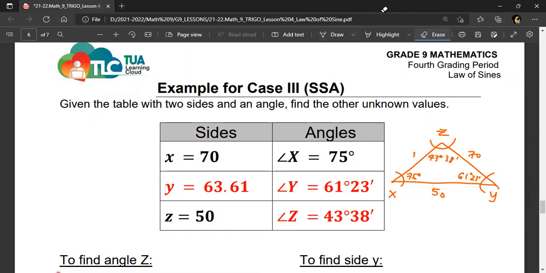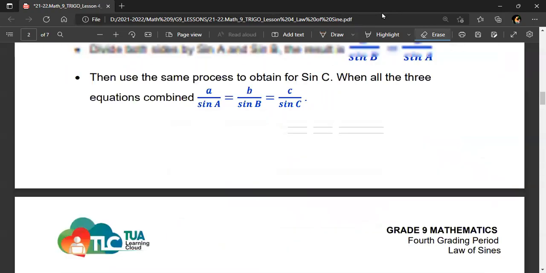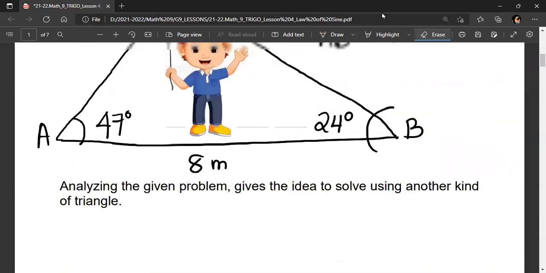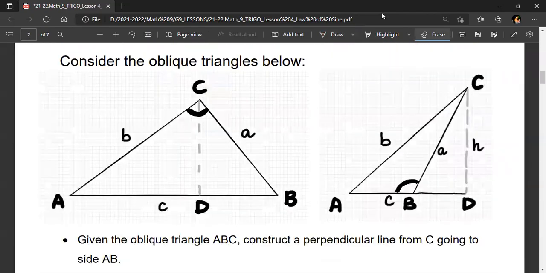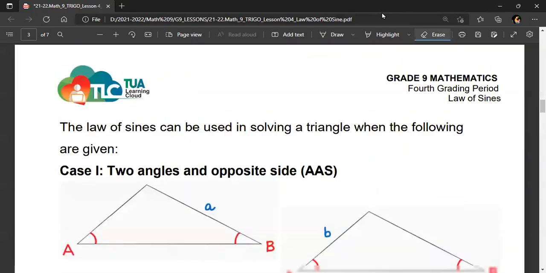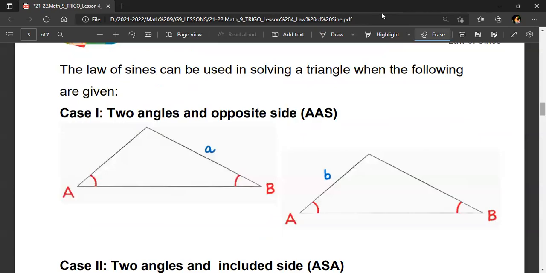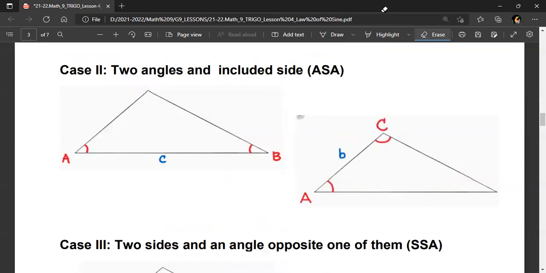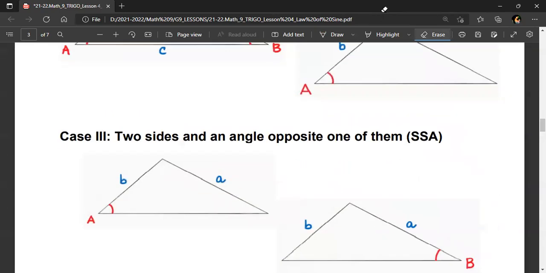To summarize the lesson, for an oblique triangle we could use the sine law, even in cases such as AAS, ASA, and SSA.